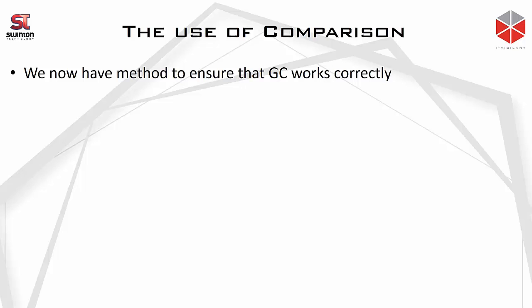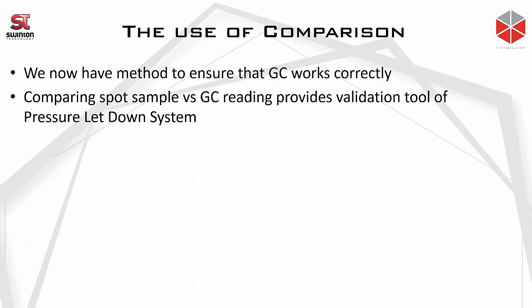If we know that the GC works correctly, we can use the GC reading to validate something else. So we take a spot sample result and compare it against the GC reading. This provides us with a validation tool for the pressure letdown system. If we can be sure that the spot sample is taken in the correct location with the correct procedure, that means the result will be good.